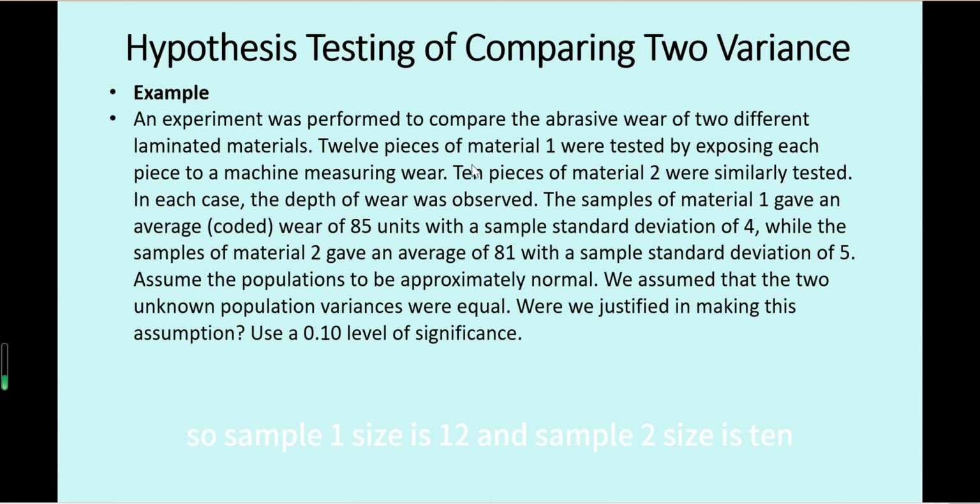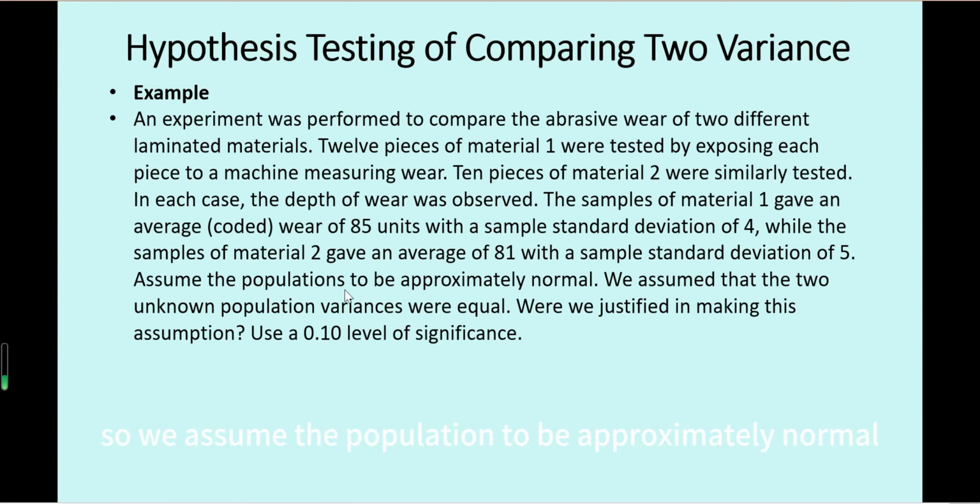So sample 1 size is 12 and sample 2 size is 10. In each case, the depth of wear was observed. The samples of material 1 give an average wear of 85 units with a sample standard deviation of 4, while the samples of material 2 give an average of 81 with a sample standard deviation of 5.